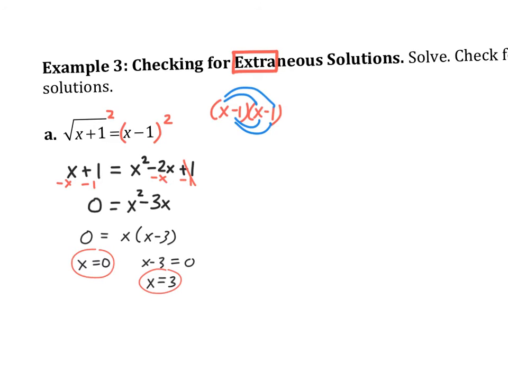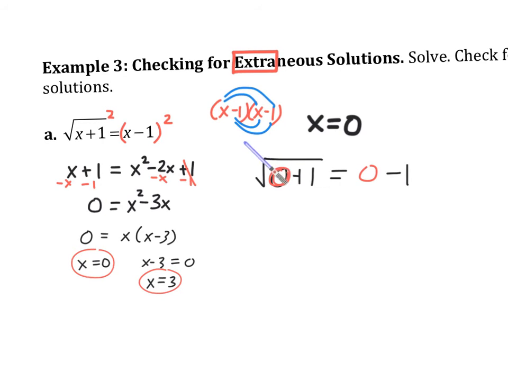So first, I'm going to check x equals 0. Now, both of them could be wrong for whatever reason, so I'm going to check both of them, and not just check one and then say the other one's right if it doesn't work. All right, so 0 plus 1, when I substitute in for the x, equals 0 minus 1.